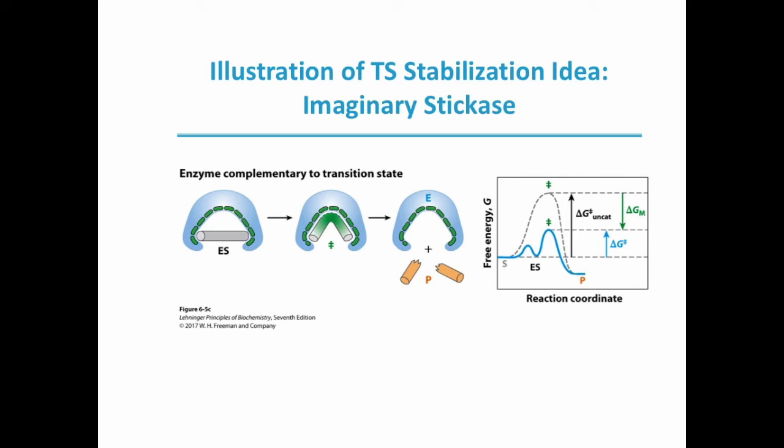So here, if we have an enzyme complementary to the transition state, the enzyme destabilizes the stick, contributing to catalysis, and the binding energy of the interactions compensates for the increase in free energy required to bend the stick, shown here. Now you see in this reaction coordinate diagram that the activation energy is lowered, but the ES is not so stable as to impede the reaction from progressing.